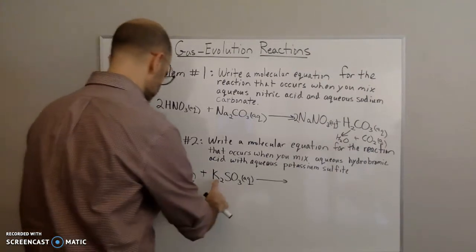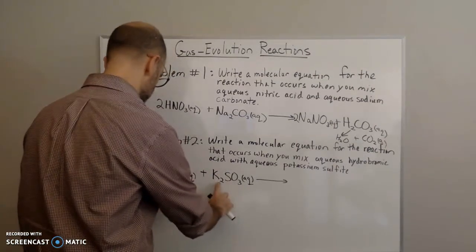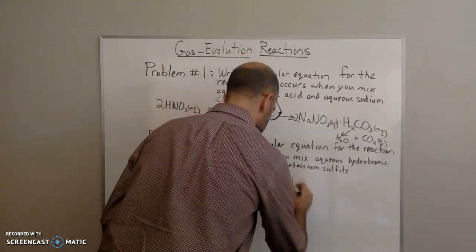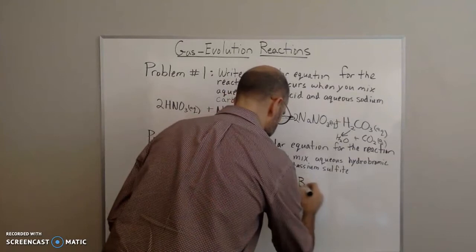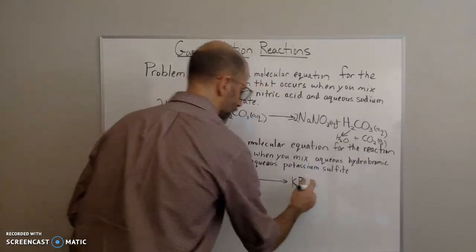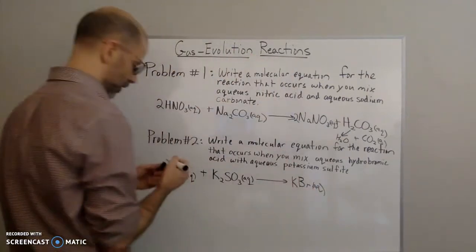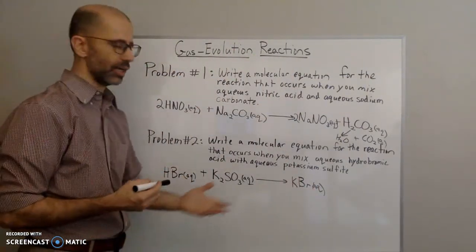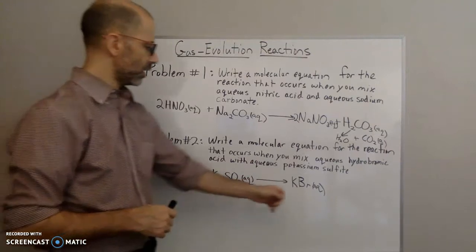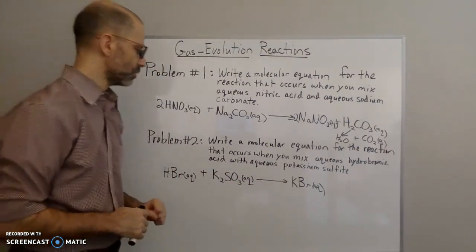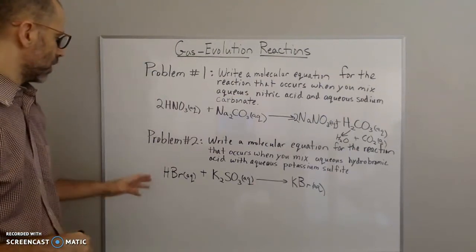I'm going to take the inside ones, potassium ion and bromide ion go together, and that's going to be KBr, and that's going to be aqueous because I looked on the solubility chart, and you'll know that potassium is going to be aqueous when it's in a salt.